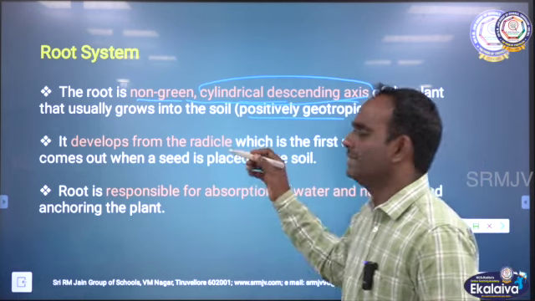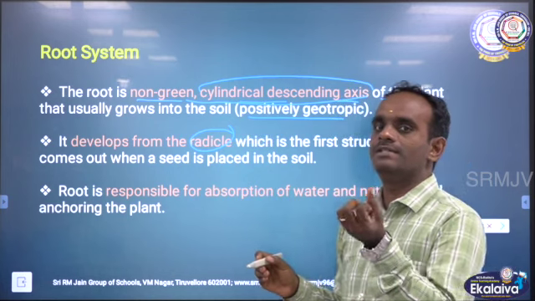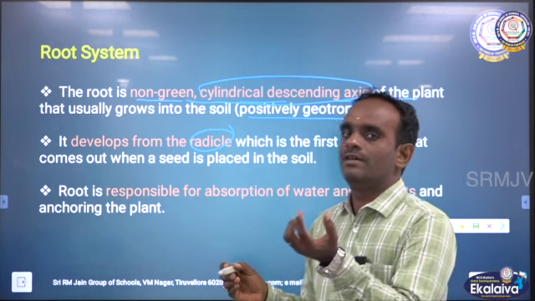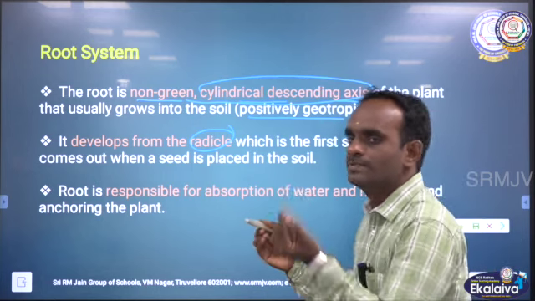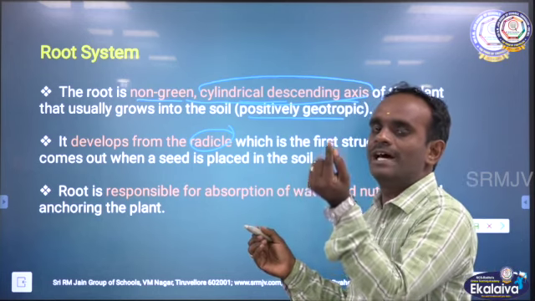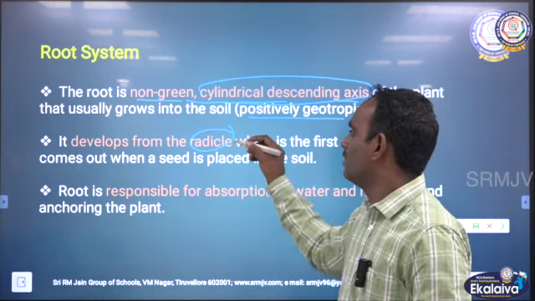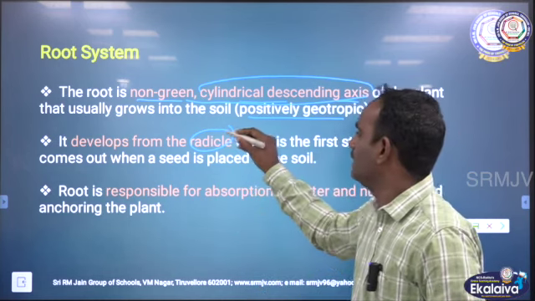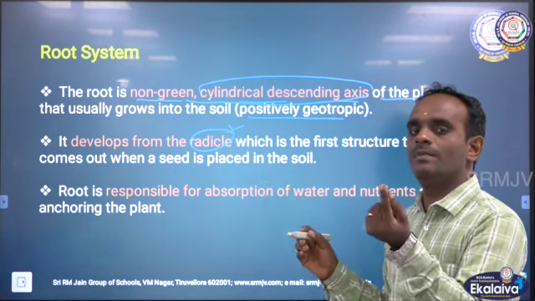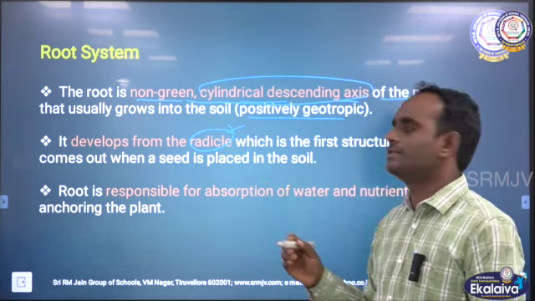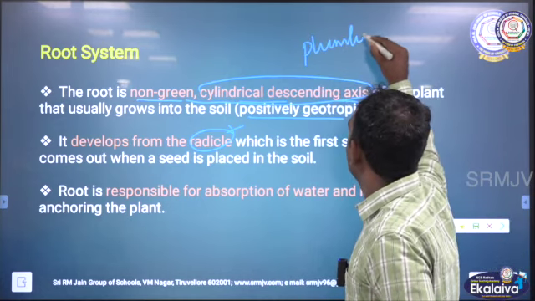It develops from the radicle. What is radicle, children? When a seed germinates, the embryo will develop, no? So, from the embryo, a small outgrowth which arises towards the ground, that is called radicle. The radicle gives rise to the root system and another small part arises from the embryo, that is called plumule.